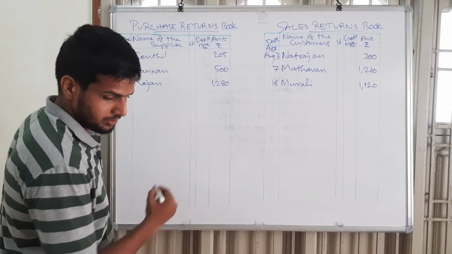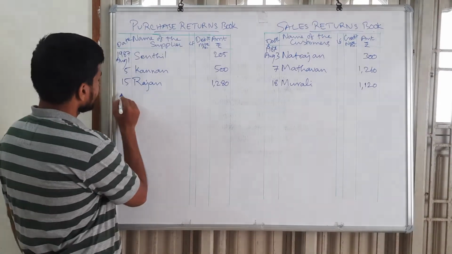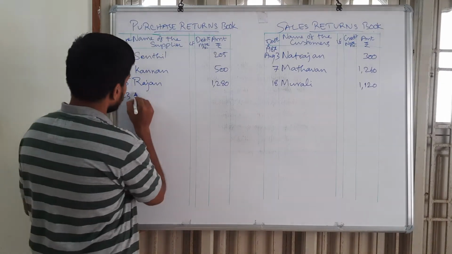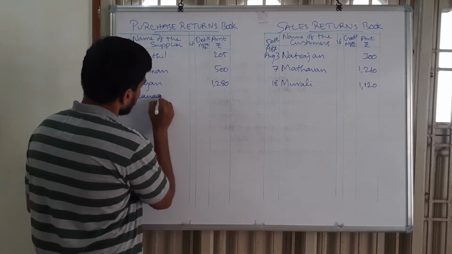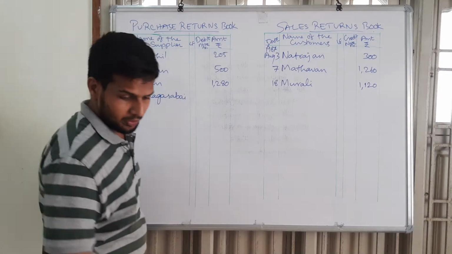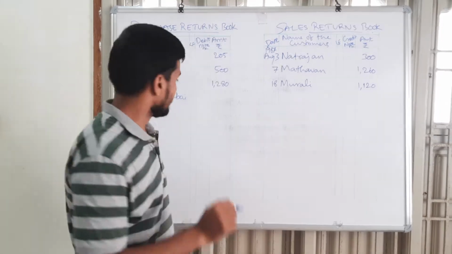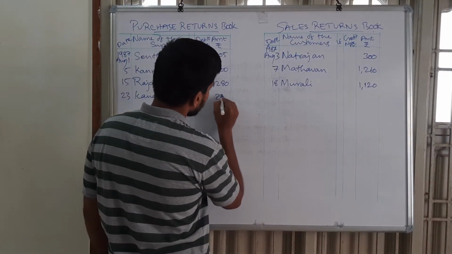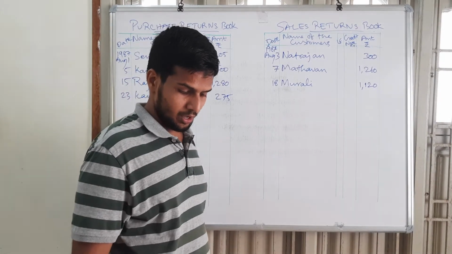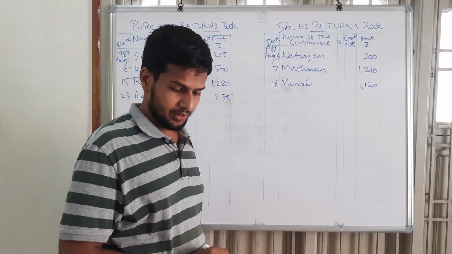August 23, to Kanagasabha. What is the amount given? 275 rupees.